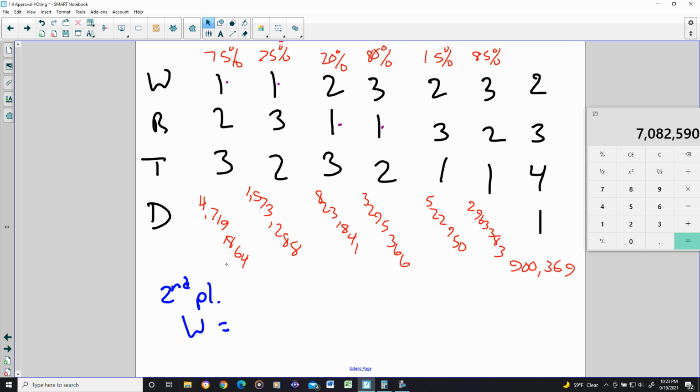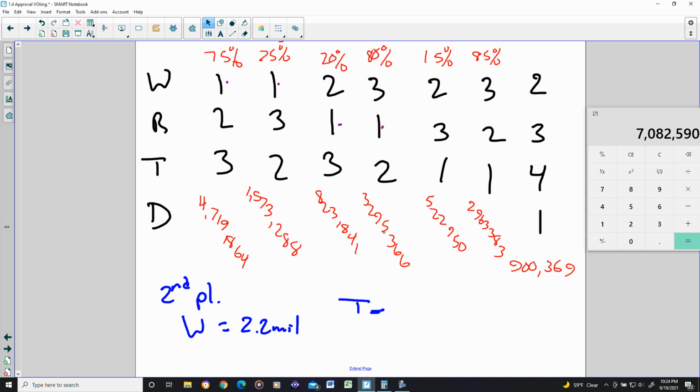Wilson has, for second place votes, a total of 800,000 plus 500,000, so about 1.3, plus 900,000, about 2.2 million second place votes. How many does Taft have? Second place votes 1.5 million and here about 3,295,000.